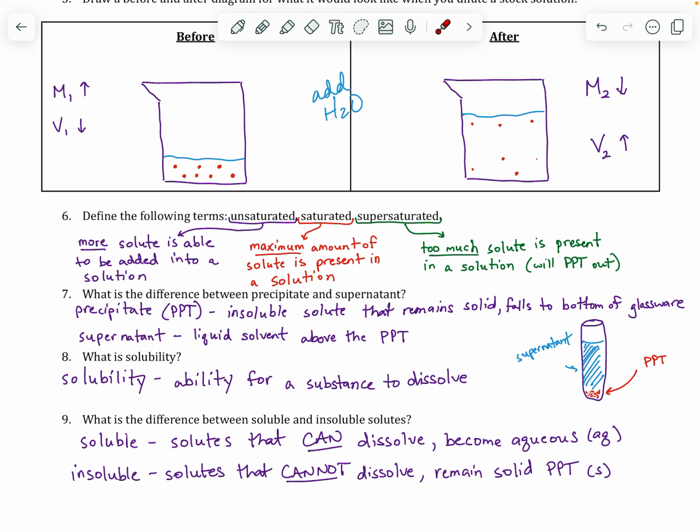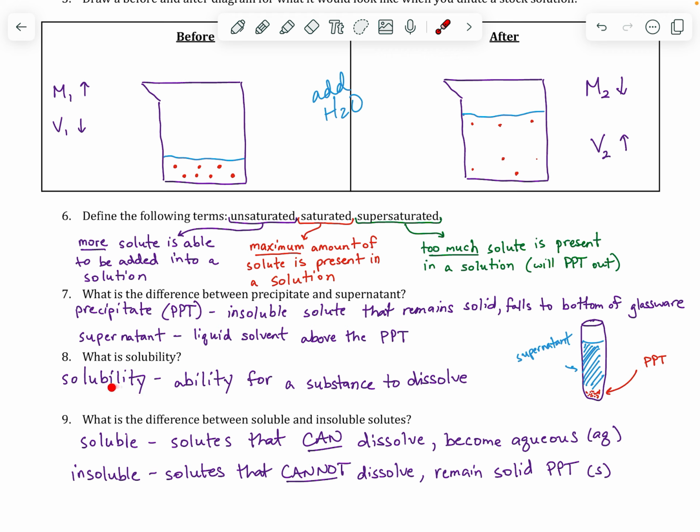It falls to the bottom of glassware, and that's why we call it precipitate. Similar to why we look at precipitation outside as falling down. It's a similar root there. And the supernatant, that is just the liquid solvent that is not a part of the precipitate, right? That is the separation there, of course, the remaining liquid, so to speak.